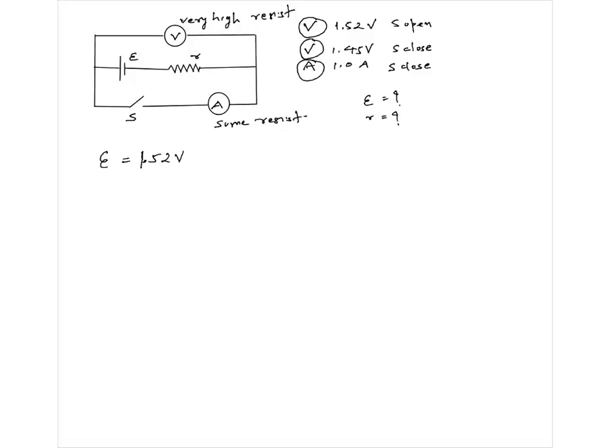Right? When the switch is closed, current cannot flow through this. Current will flow like this. And that current is 1 ampere. Instead of I, let me call it just 1.